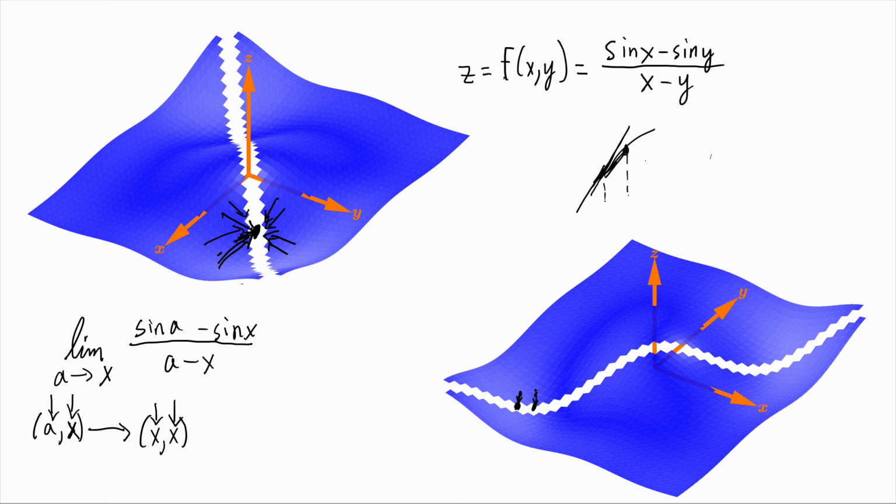Because this is a nice continuous surface, if I draw these 2 points close by in terms of their xy coordinates, then the z values between these 2 points are close, and so the z values between here and here are close, and between there and there are close, so the z values of here and here are also close.